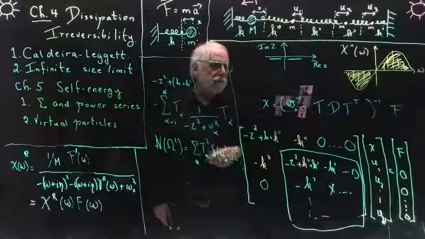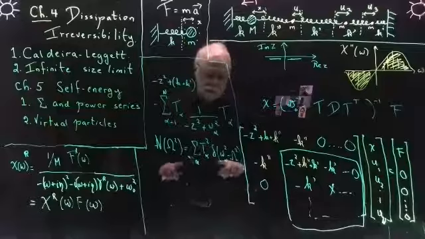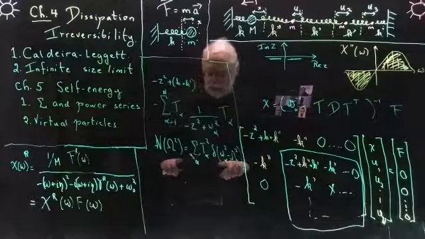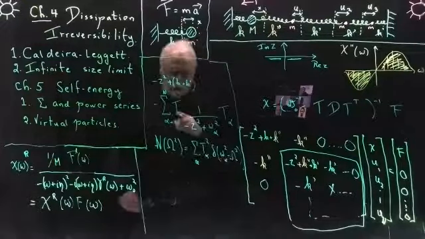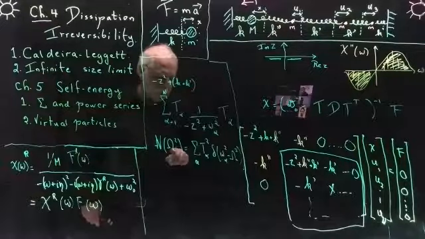I didn't understand from that line n as a function of omega squared. Yes, yes. What will happen here is that this will become an integral over n of omega squared.